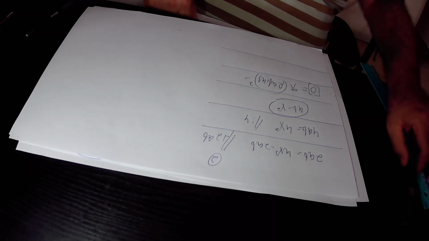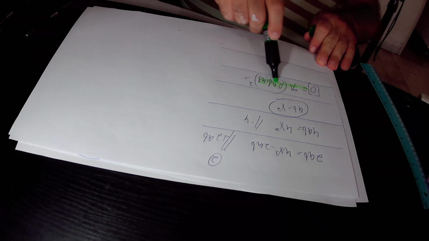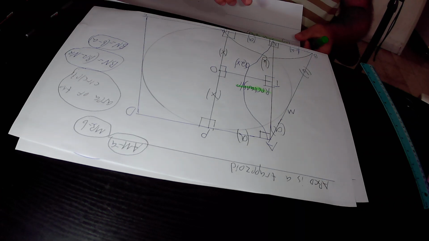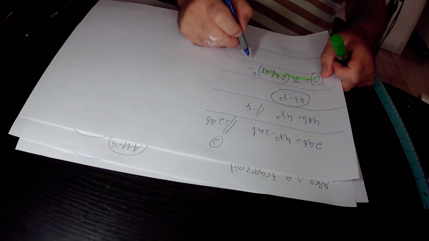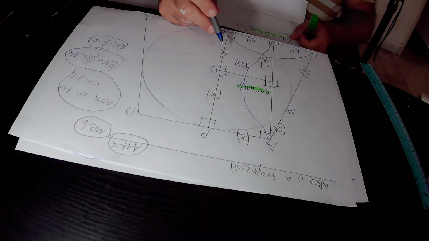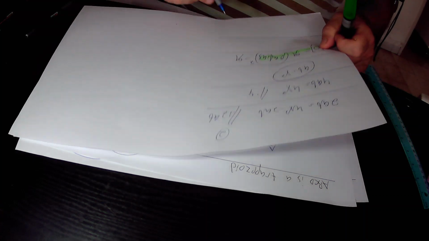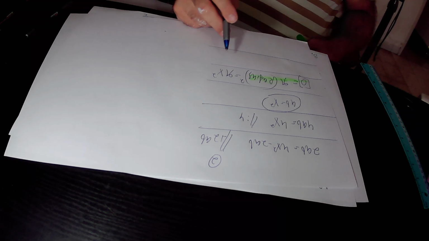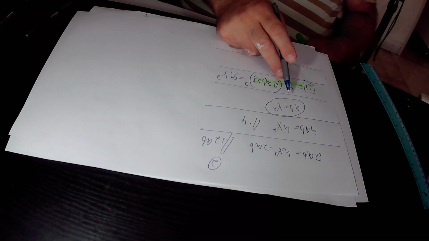Therefore, the area of this circle must be equal to pi times the radius of this circle squared. The radius of this circle is x, therefore the radius squared is x squared. So in total, we found out that the area of the circle is equal to pi x squared. What we just found out is that x squared equals ab.